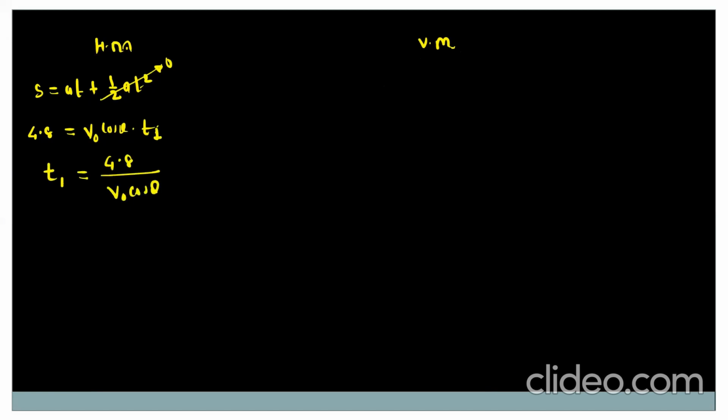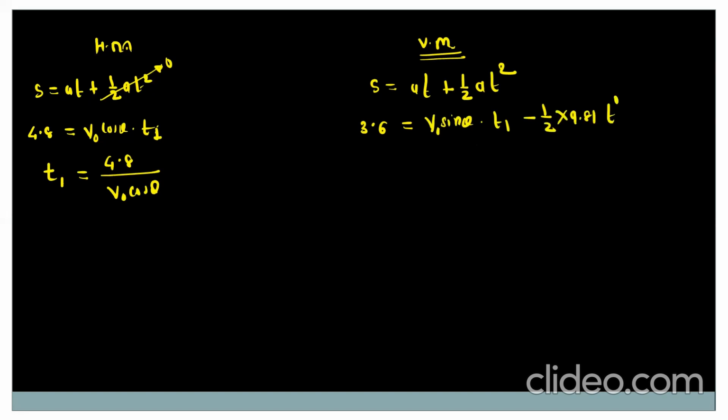Now consider the vertical motion. So use the same equation. s is equal to ut plus half at square. So displacement in the vertical direction is equal to the height of that wall, that is equal to 3.6. Initial velocity is V naught sin theta into time t1 minus 1/2 into 9.81 t1 square. Okay, so put the value of t1.